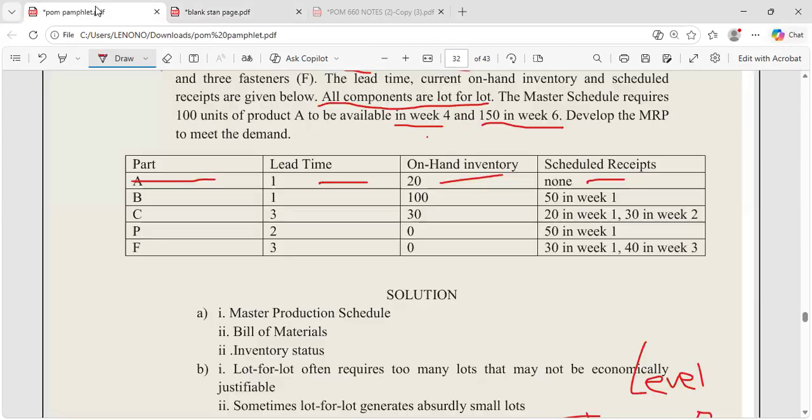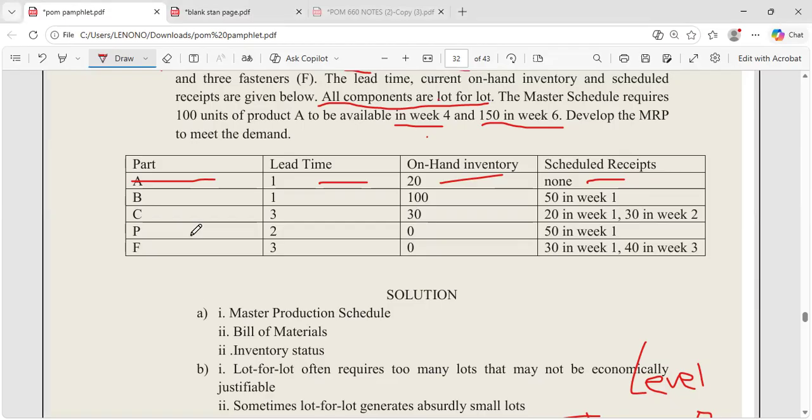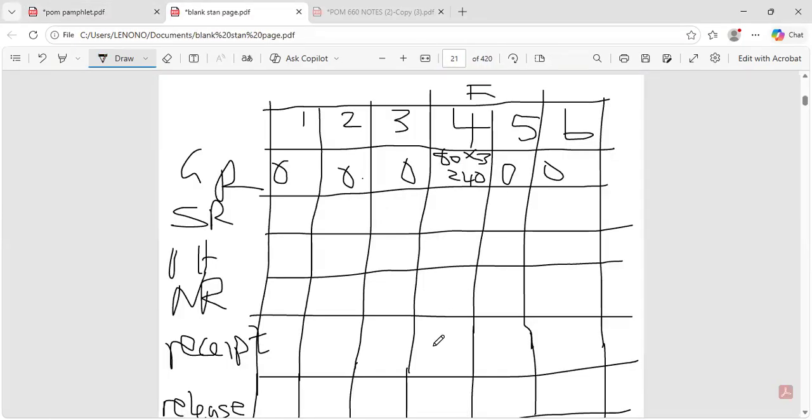Do we have any scheduled receipts for F? For F we have 30 in week 1, and what else? And 40 in week 3. 30 in week 1 and 40 in week 3.